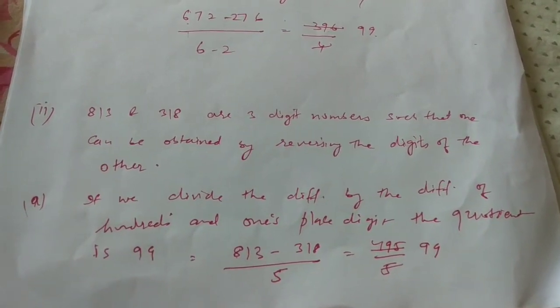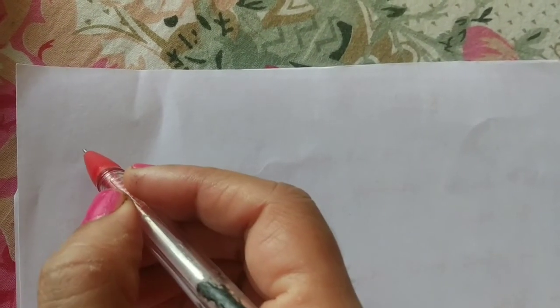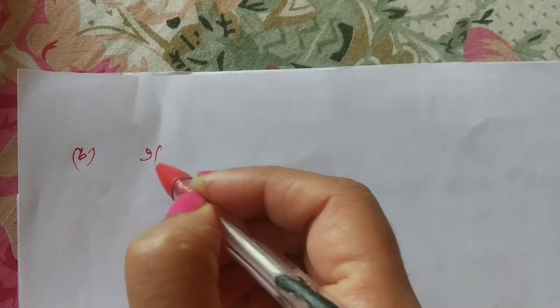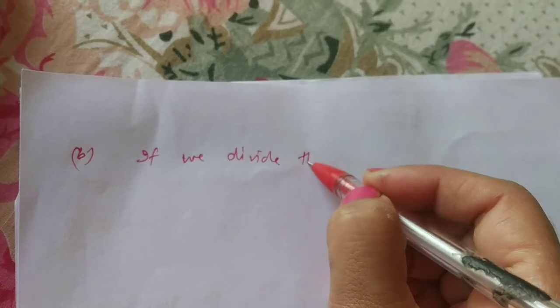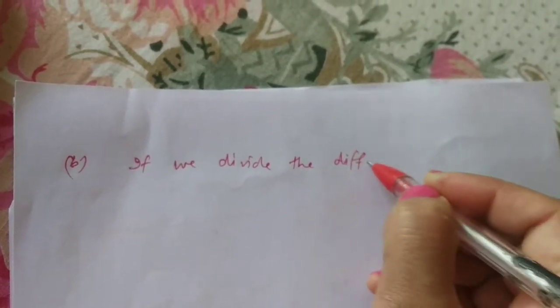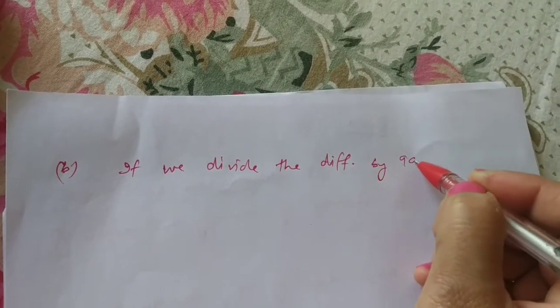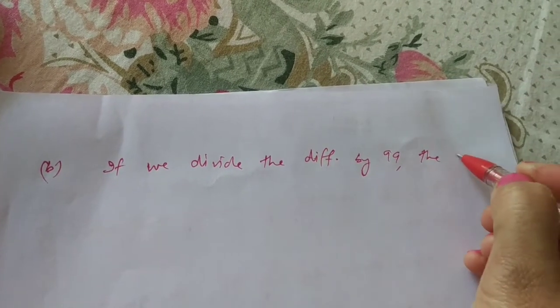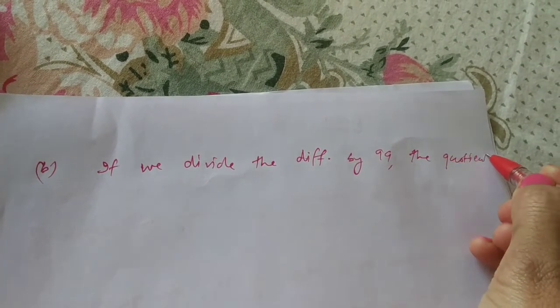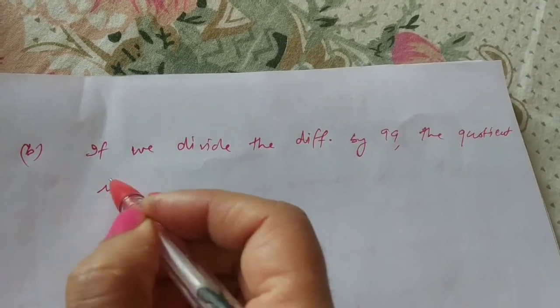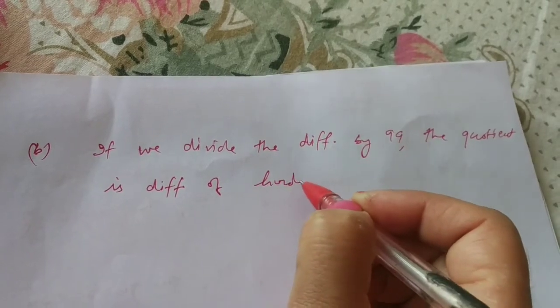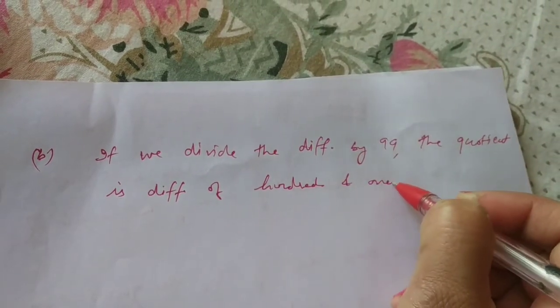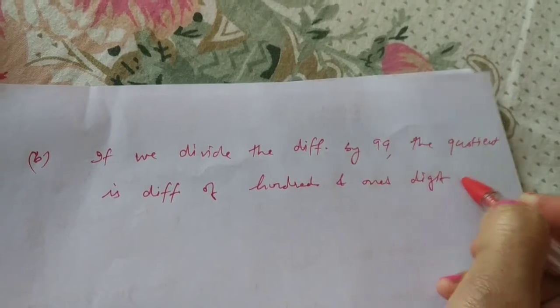Now come to the B part. In B part, if we divide the difference by 99, the quotient is the difference of hundreds and ones digit.